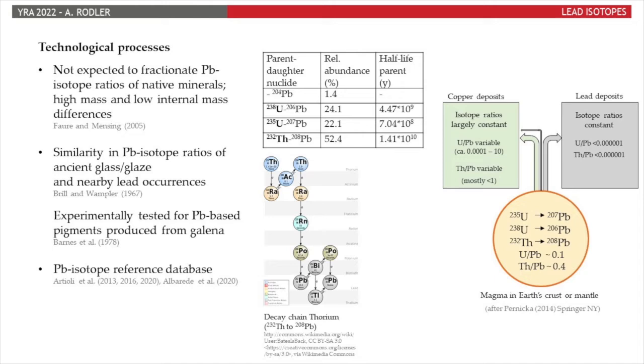Important to note here though, like I mentioned already before, the best approach we can use is to exclude less likely source areas. So it's difficult to pinpoint exactly one mining area or even one mine, but it's possible to say, okay, this material was probably not from the Iberian Peninsula, or this material was not from Turkey, for example.